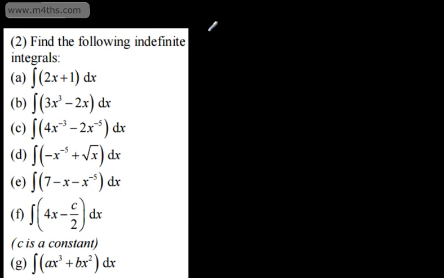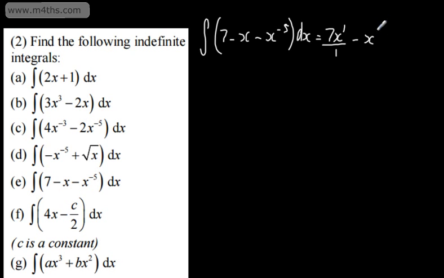So we've got now the integral of 7 minus x to the -5, and we're going to integrate with respect to x. So this will give me 7x to the power of 1 divided by 1. Depending on your teacher or the course, you might not have to do this. You might simply be able to just write 7x. Minus x to the power of 2 divided by 2.